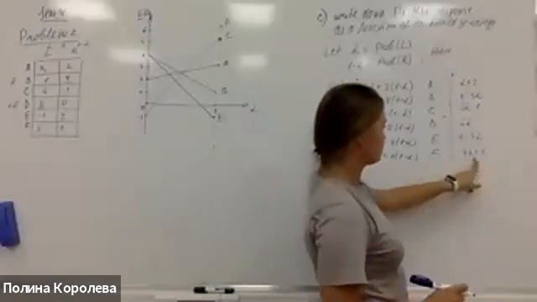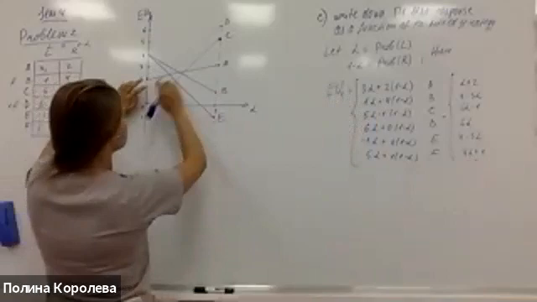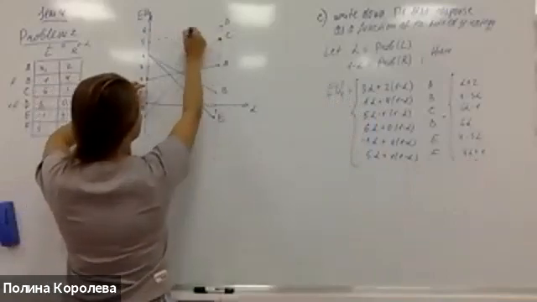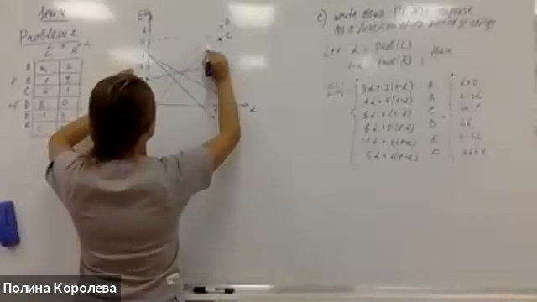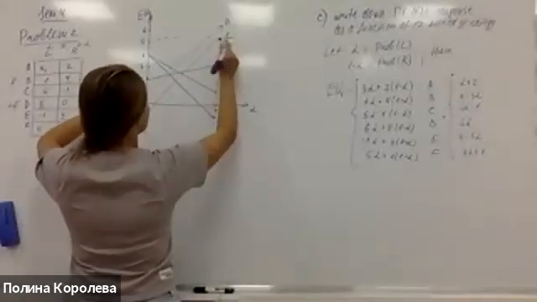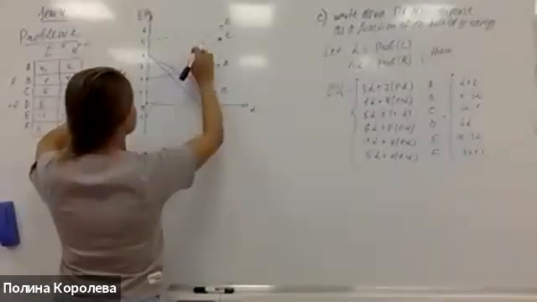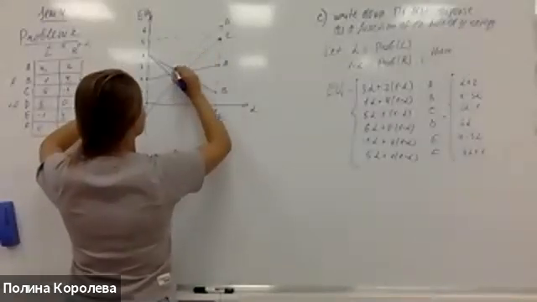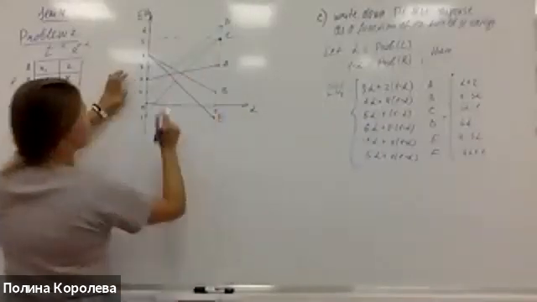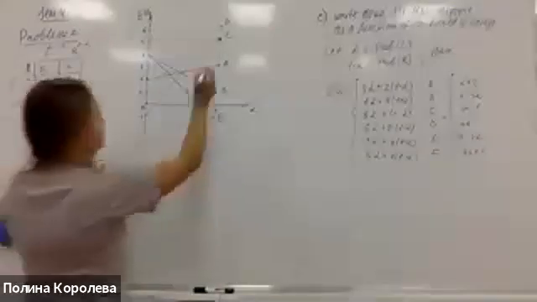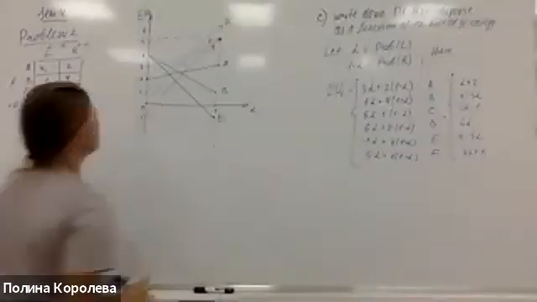And last, F from 1 to 5. Please be very accurate. Something like this. This is for F, this is C.